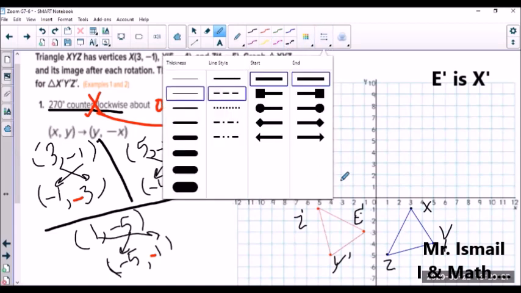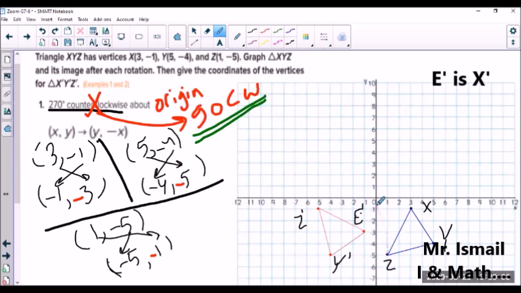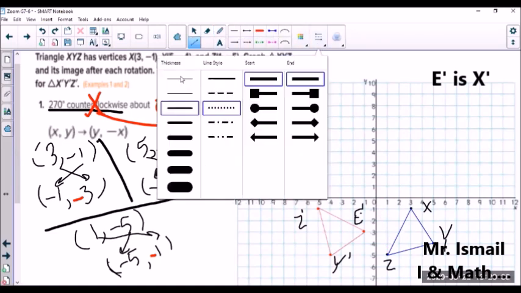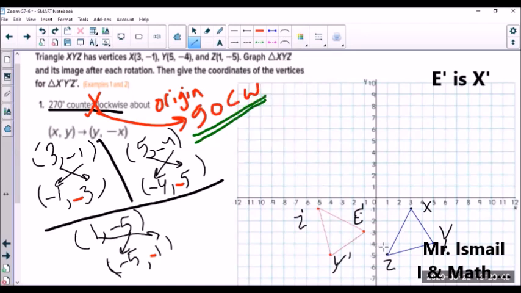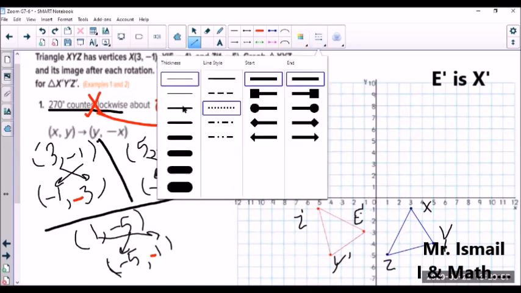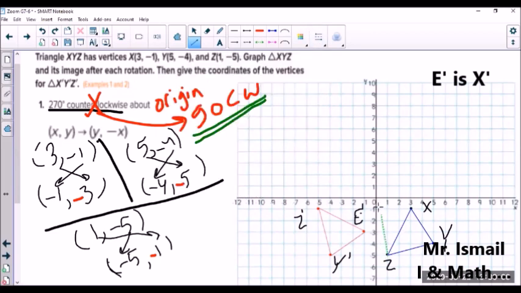Let's take a point Z. This is Z. You see the 90?